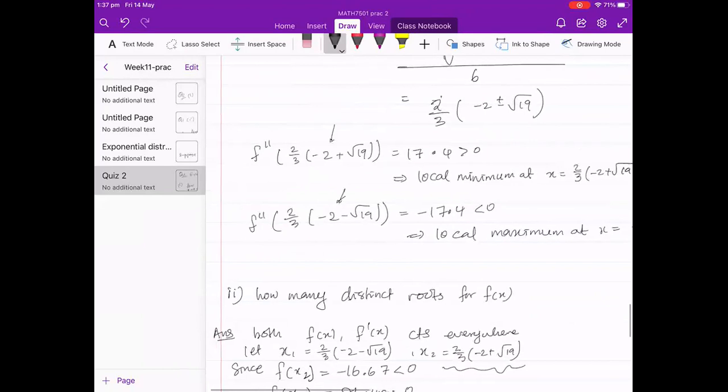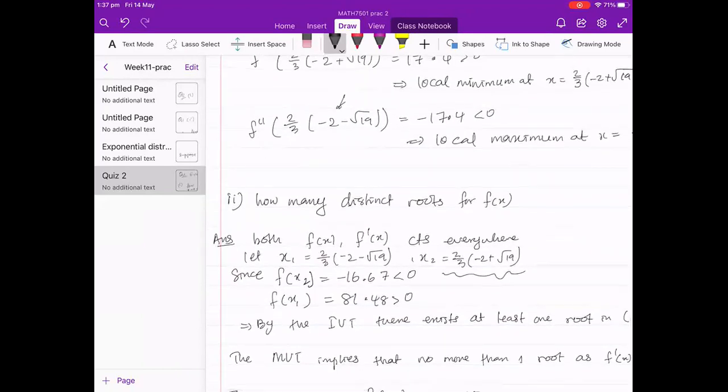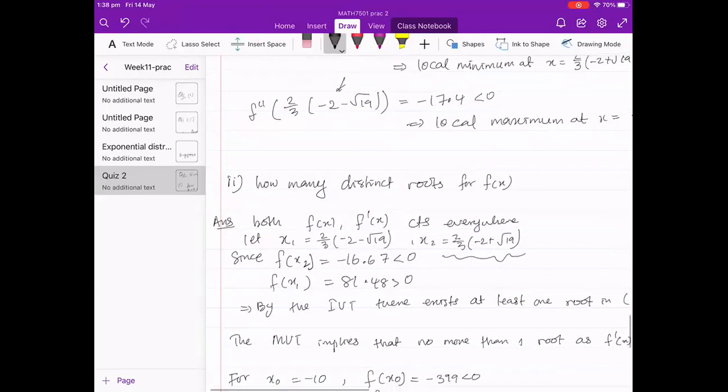Okay, you could argue something like this. First, both f(x) and f dash x are continuous everywhere. Then let x1 be the negative root and x2 the positive root, and evaluate f at these two x values.